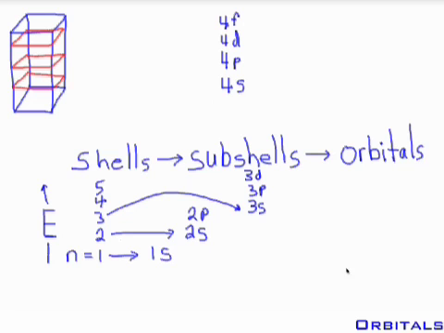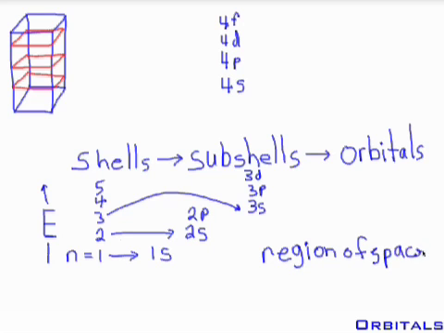What is an orbital? An orbital is a region of space around the nucleus of an atom. A region of space around the nucleus of an atom.